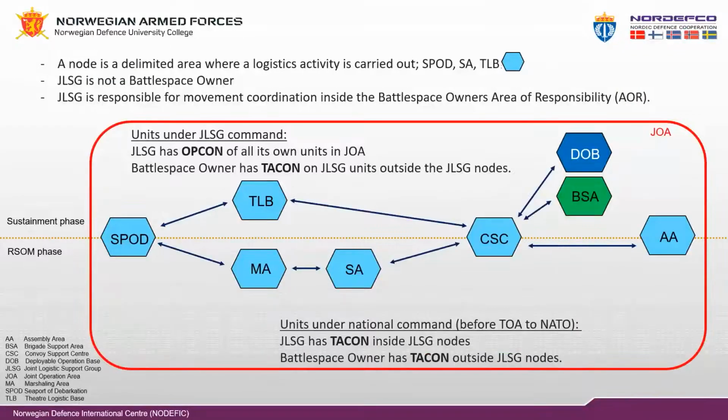A node is a delimited area where a logistics activity is carried out, for example, in a seaport of debarkation, a staging area, or a theater logistic base. Joint Logistic Support Group is not a battle space owner, but is responsible for movement coordination inside the battle space owner's area of responsibility, also called movement control.